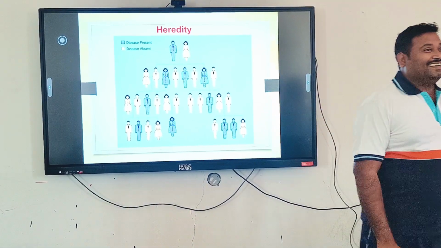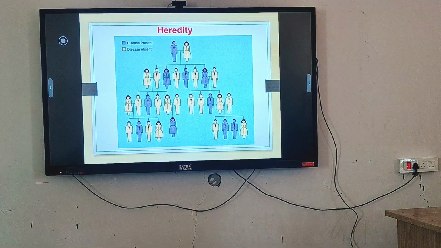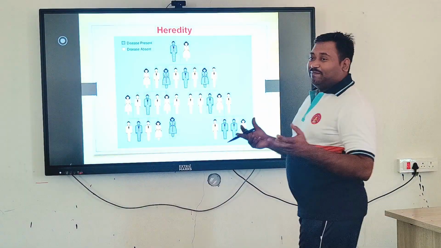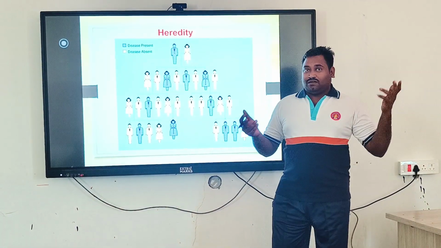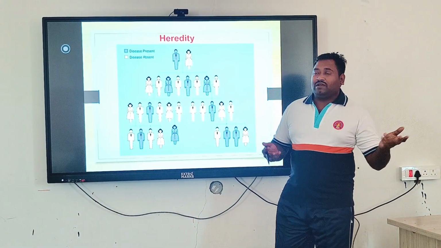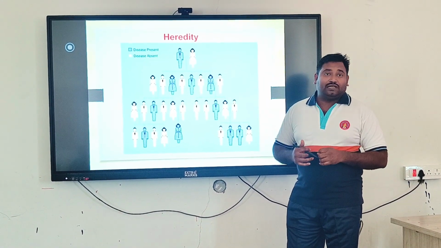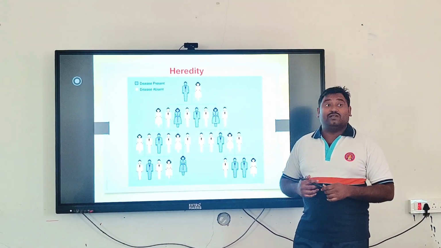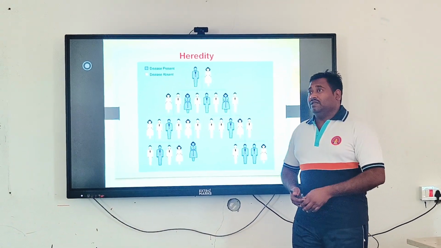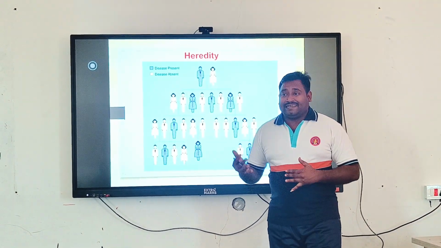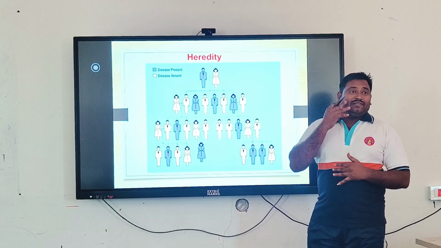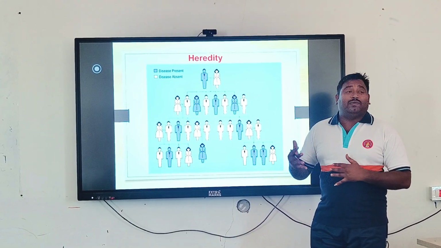Why are there white and black people in India? See, we don't have extreme temperature conditions. If you go to South Africa, Kenya and such regions, they have extreme temperatures, exceeding 50 or 60. So obviously, lots of melanin is secreted, which makes your skin blacker and blacker.